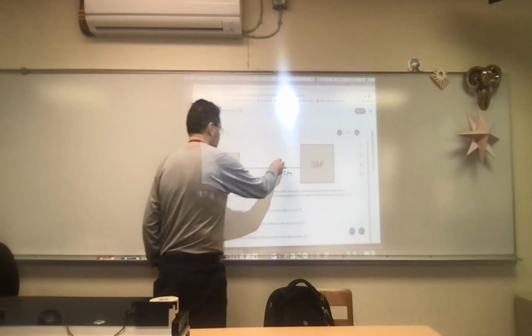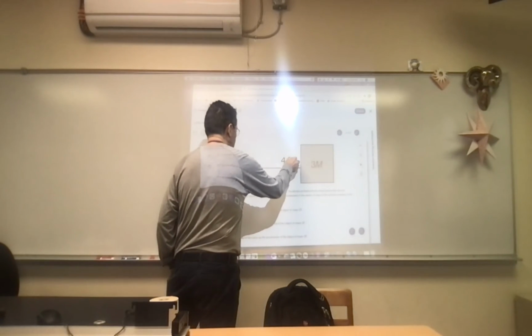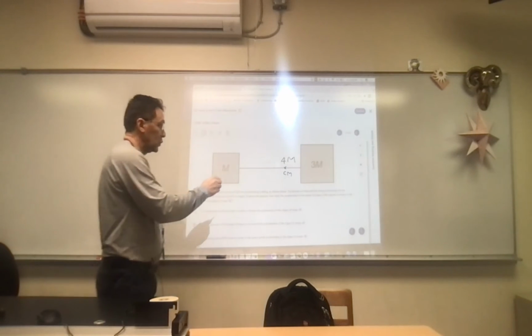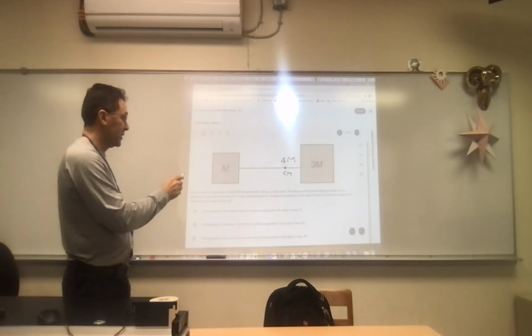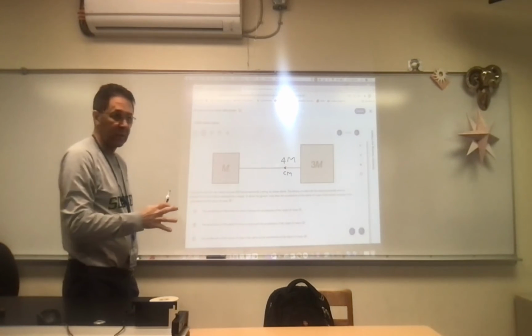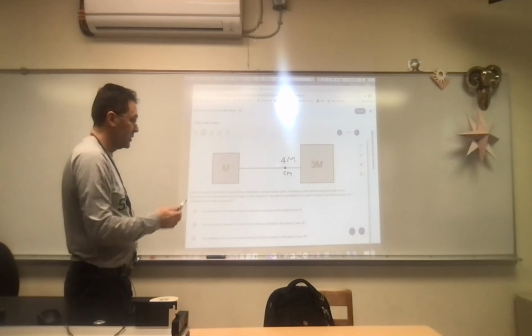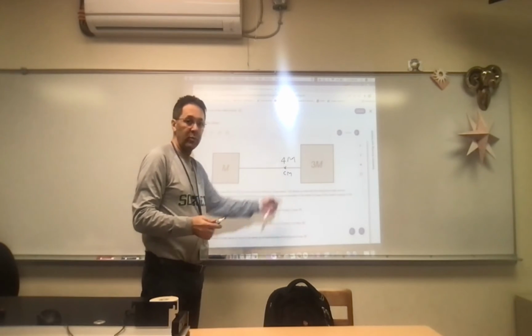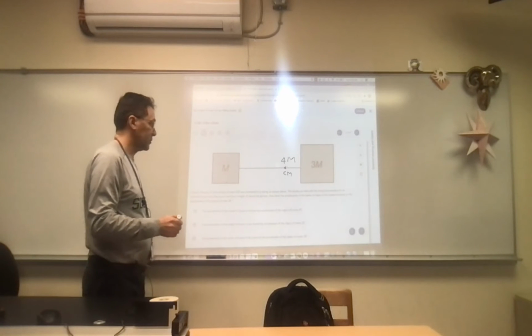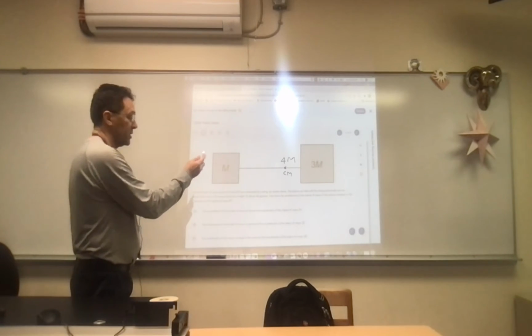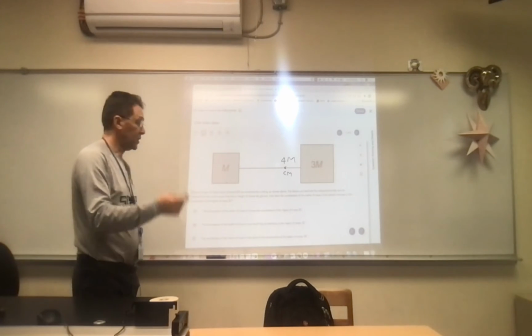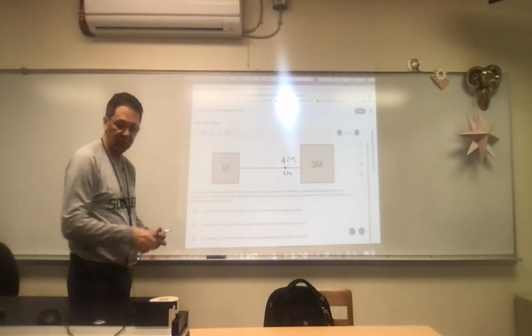The center of mass has a mass of 4m, okay? So the only force acting on this whole system is the force of gravity, right? So the center of mass will be influenced by that force of gravity. So the acceleration of the center of mass will also be just g. There is nothing else, no other forces.